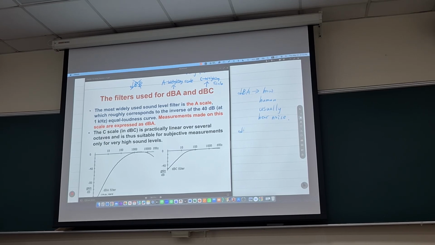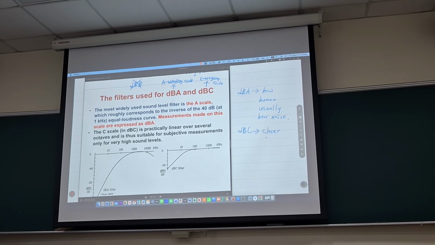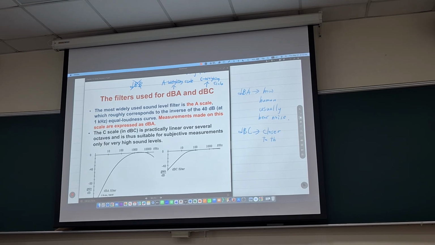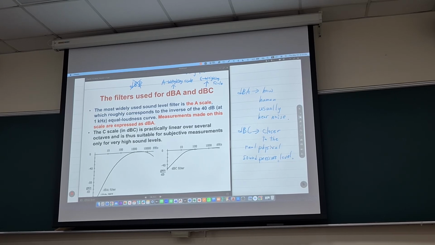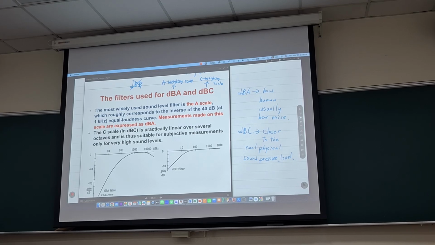And dBC is closer to the real physical sound pressure level, because it is good for measuring very loud sound, bass heavy sound, and high to low frequency.